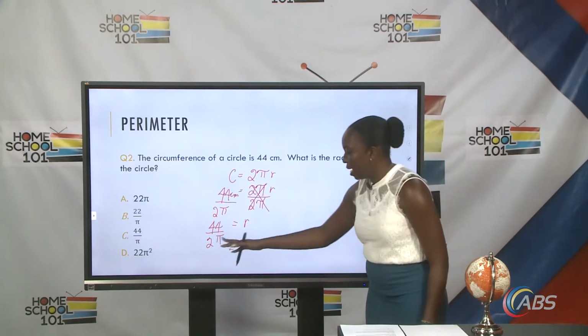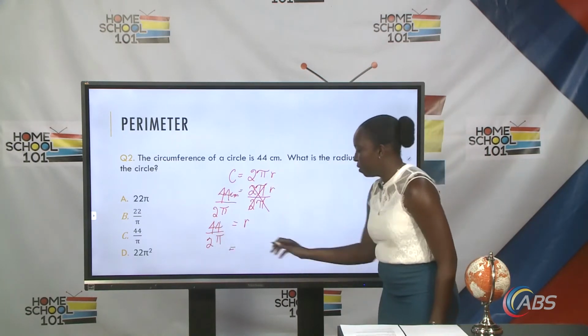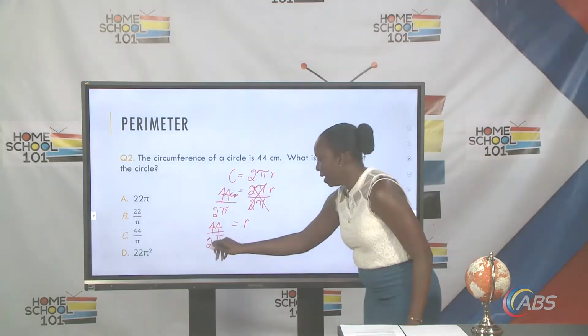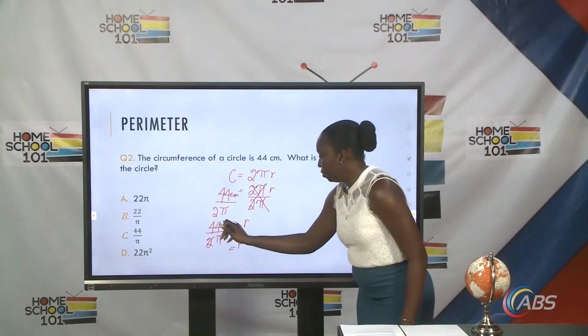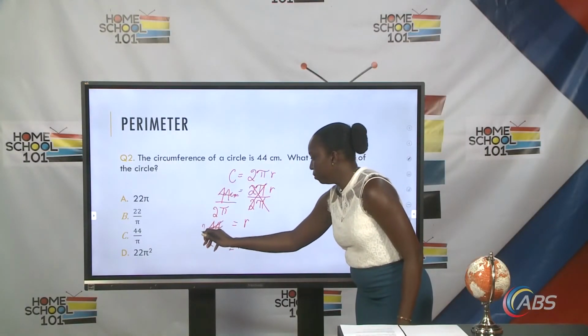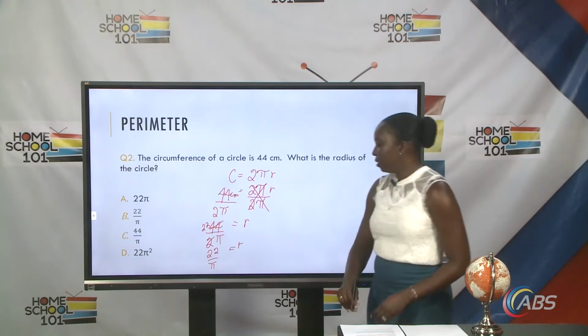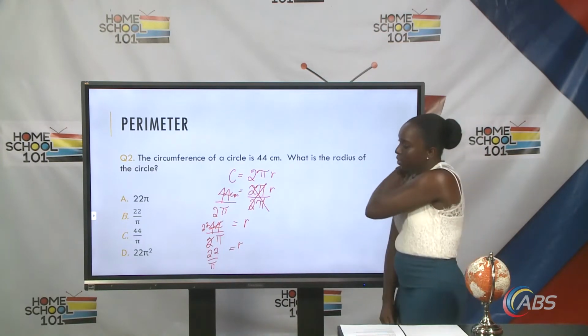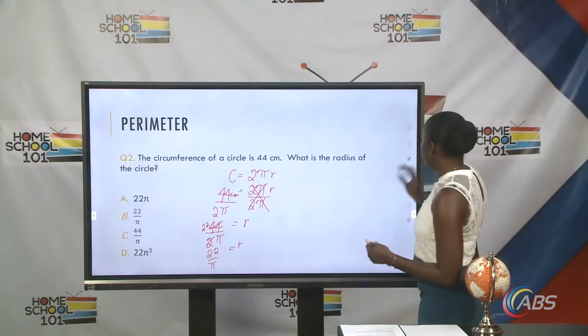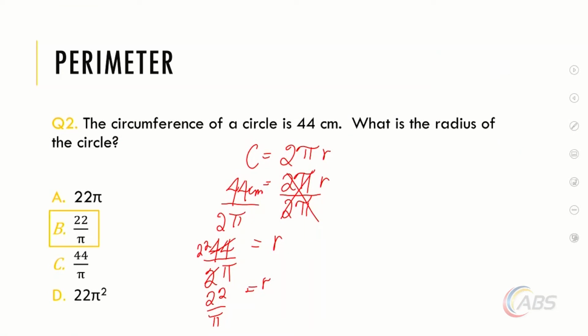But you'll notice that 2 can go into 44. If I divide 2 into 2, that's gone. 2 into 44, that's 22. And so we're left with 22 over pi. So r is equal to 22 over pi, and we see our answer there at B, 22 over pi.